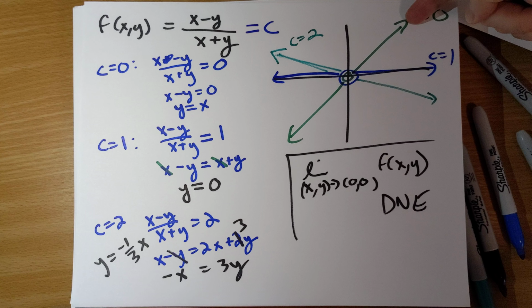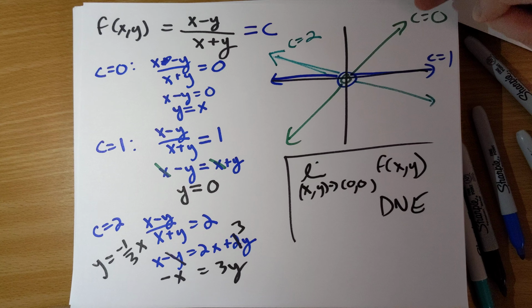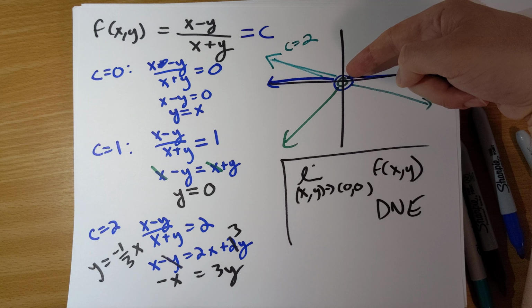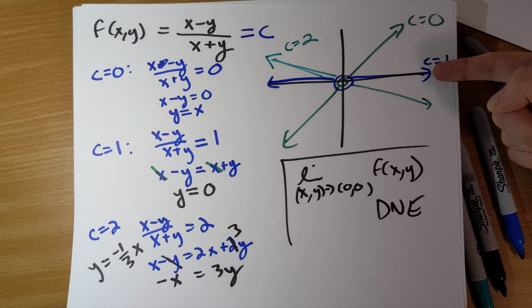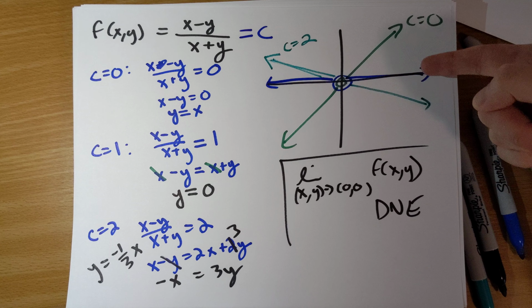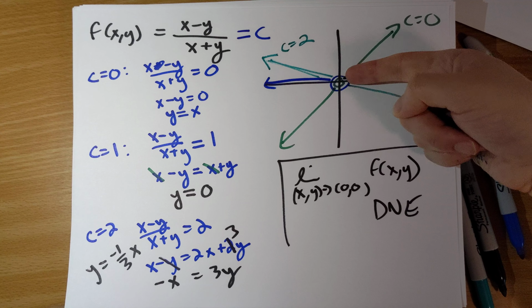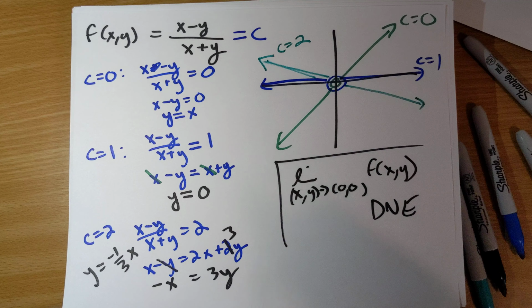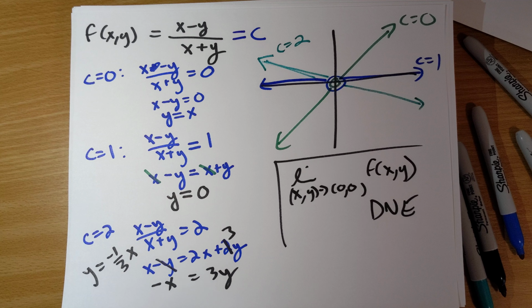If we move towards the origin along this contour, c is equal to 0, the value is always going to be 0. If we move along to the origin along this contour, the value is always going to be 1. So the limit here will be 0, the limit here will be 1, the limit here will be 2. There are multiple paths into the origin that give you different values of the limit along those paths. So we use this to conclude that the limit here does not exist.